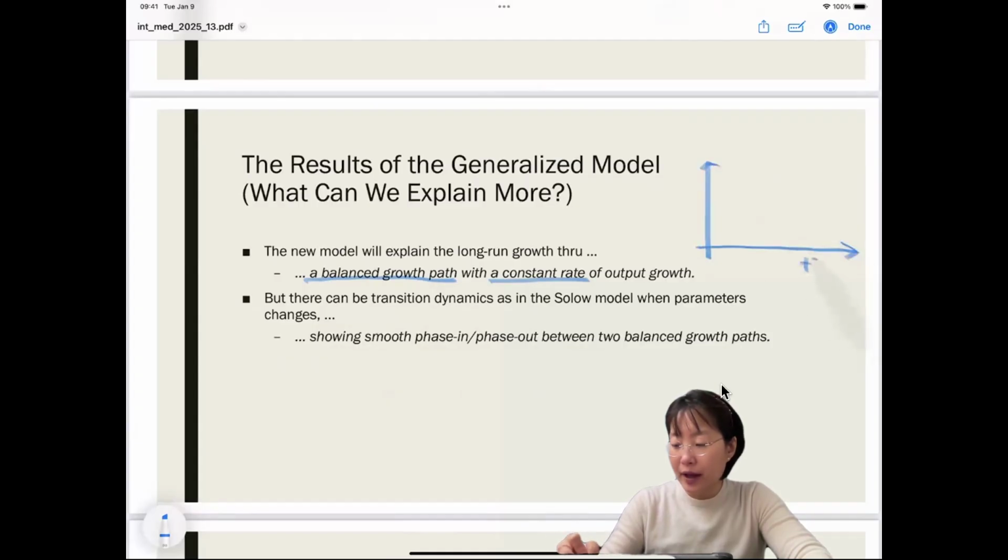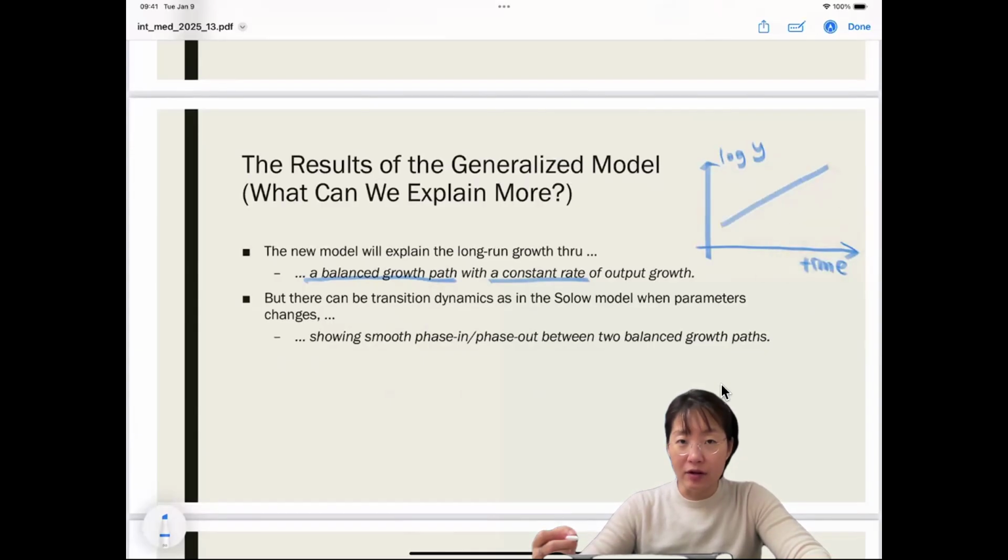If we put time on the horizontal axis and log of y, the output, on the vertical axis, then we have a linear line to represent the log of output over time, and the slope of this line is given by g, which was the growth rate of ideas.